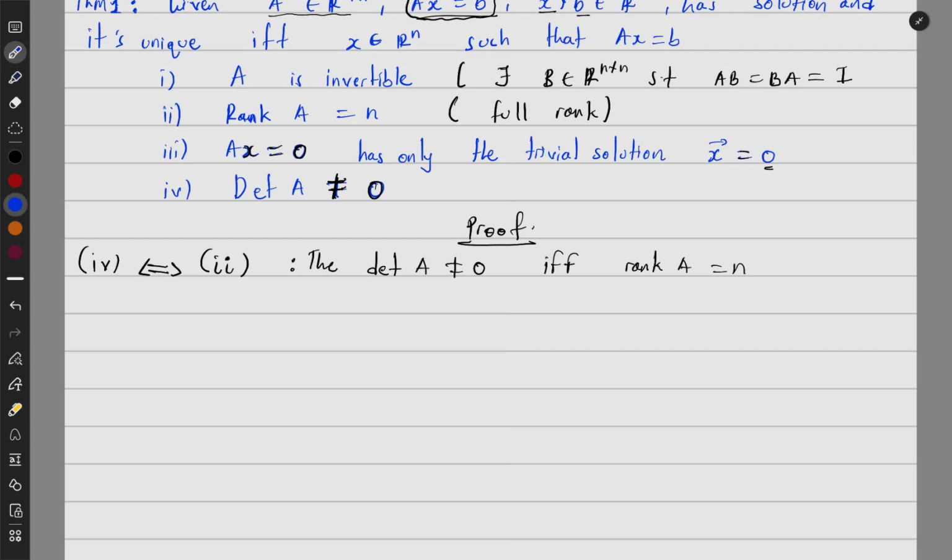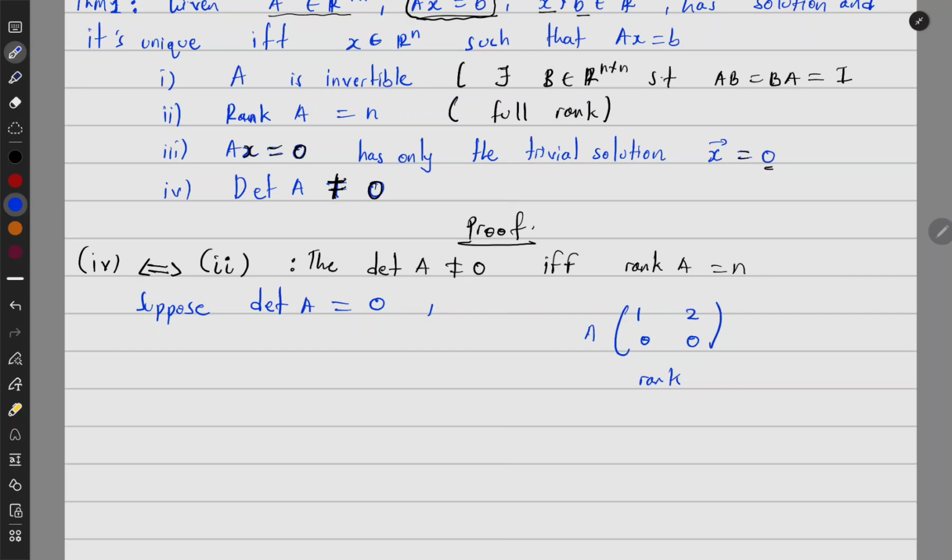So if I suppose that the determinant of A is equal to 0, we should all be aware that for matrices, let's say this matrix, this is just an example, its rank is not equal to n itself.